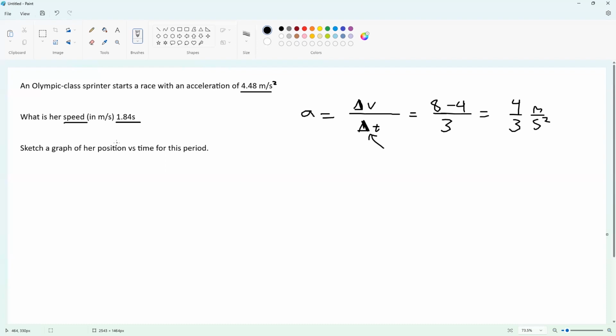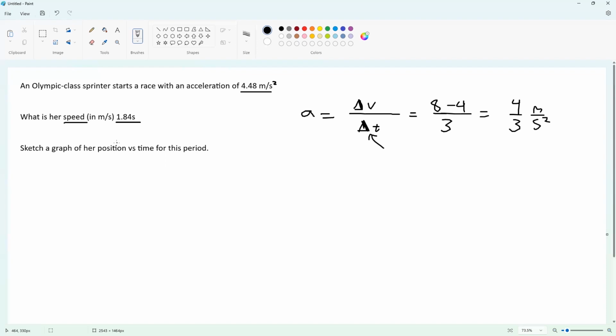So it's asking for the snapshot, like we were just talking about. Oh yeah, instantaneous velocity. Yes, that is correct. I like your thought process.